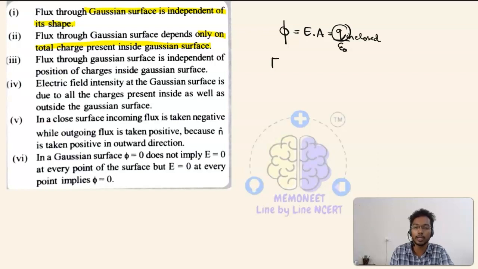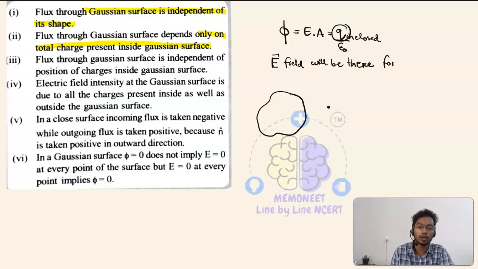We know that the electric field, if we have, let's say, a surface here and here the charge, the electric field will be there for a charge present inside or outside the Gaussian surface.